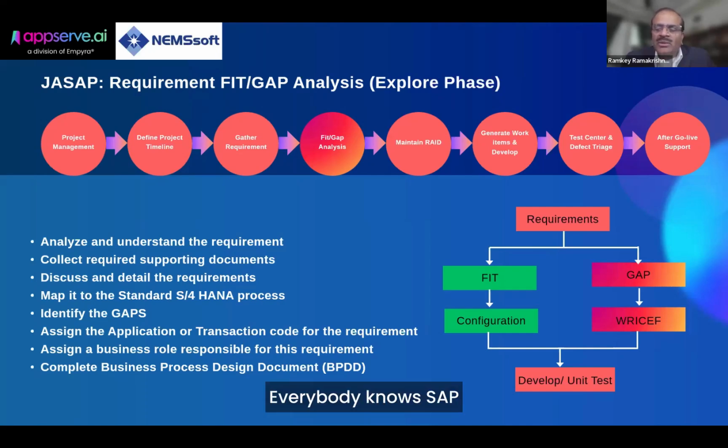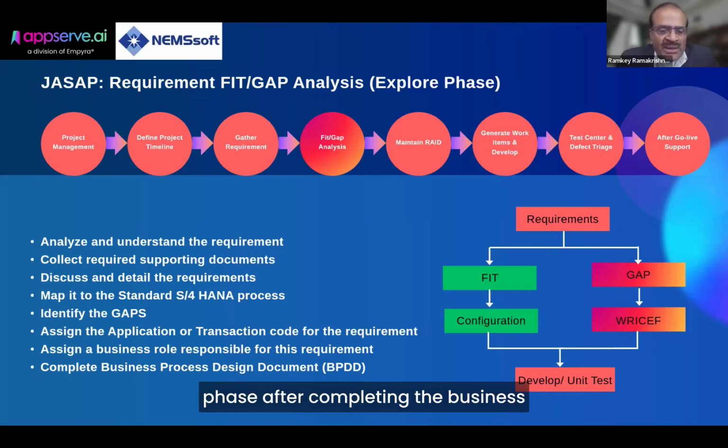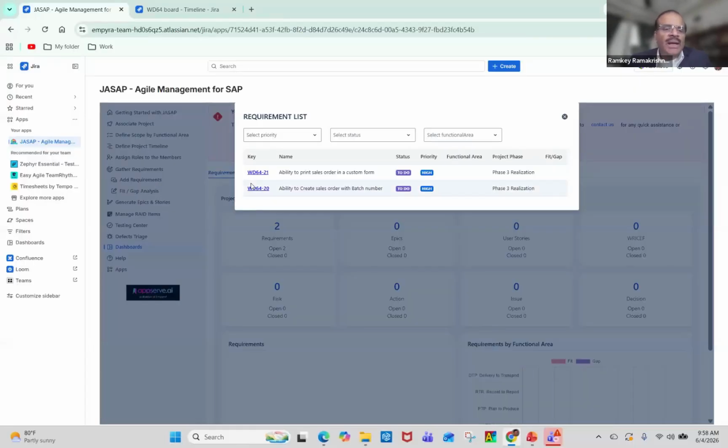Everybody who knows SAP knows this term, RICEFW. So we identify each gap and where it belongs. Then we get into the realization phase after completing the business process design document. So let us do this fit gap analysis for the 2 requirements that we have entered. I go here and go into the fit gap analysis.